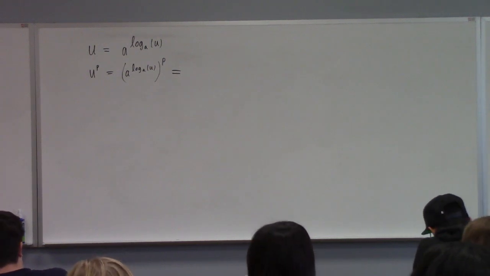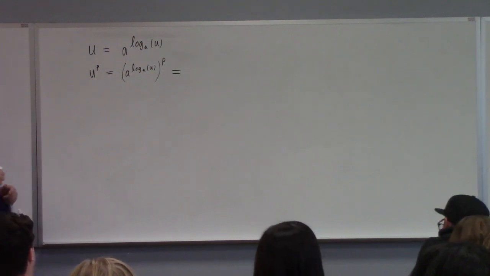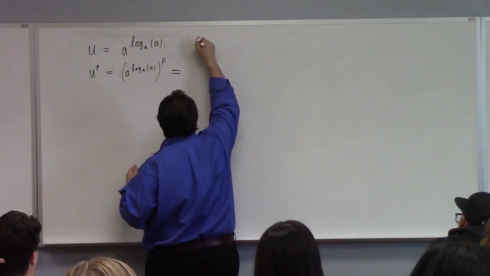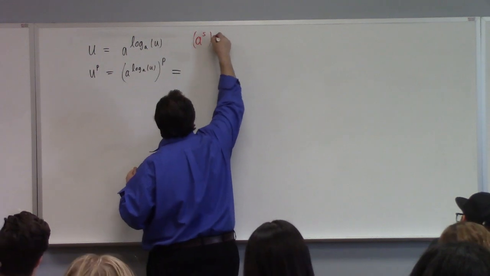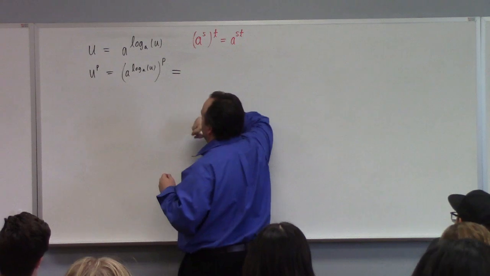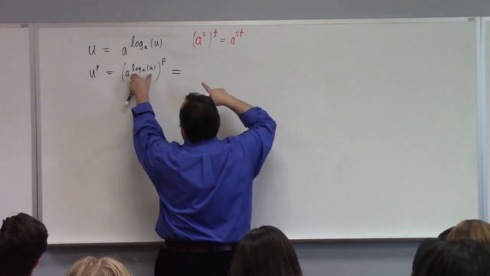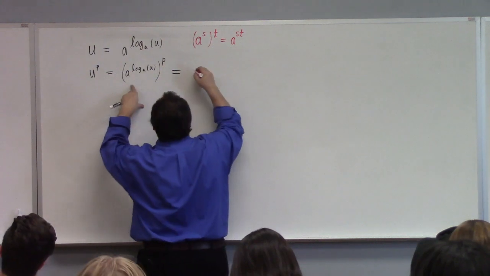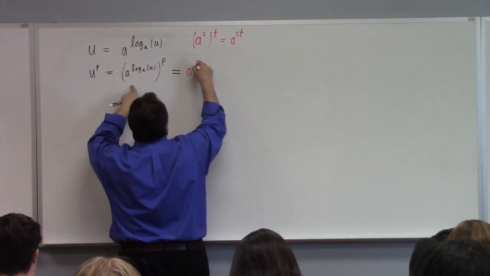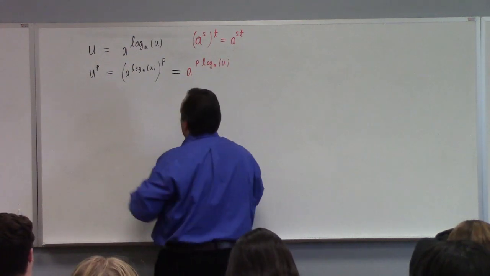So you guys remember this one? A to the s raised to the t power is A to the st, right? So using that here, thinking of s being my log base A of U and my t being p, this gives us A to the p times log base A of U.